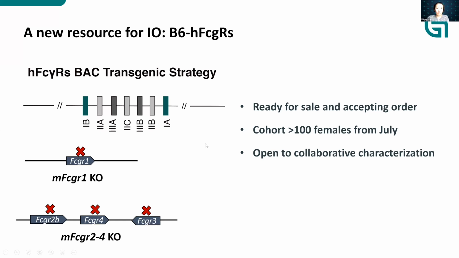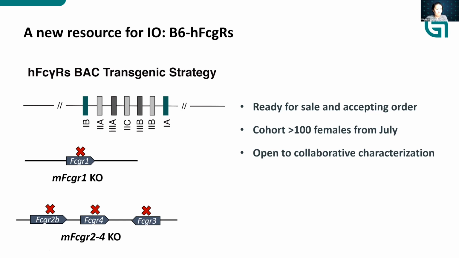And I have provided you enough information of how we engineered our humanized FcγR receptor animal. These animals have been in the cooking for a bit, so we are now very happy to share with you. They're ready for sale, and we are accepting orders.